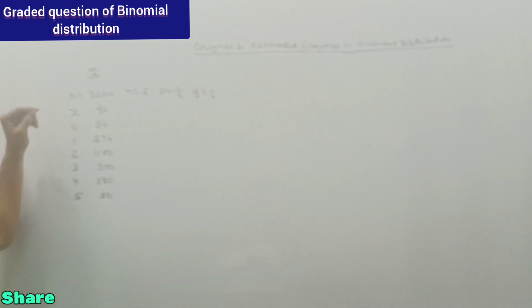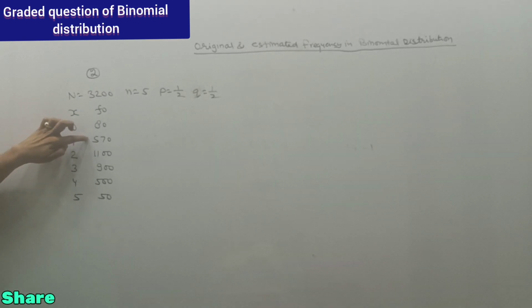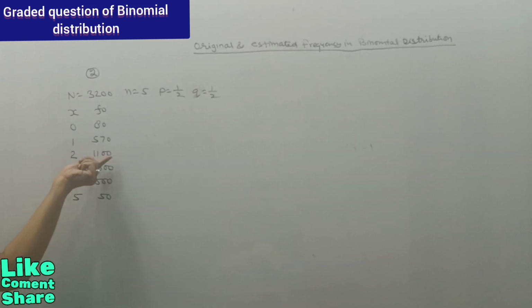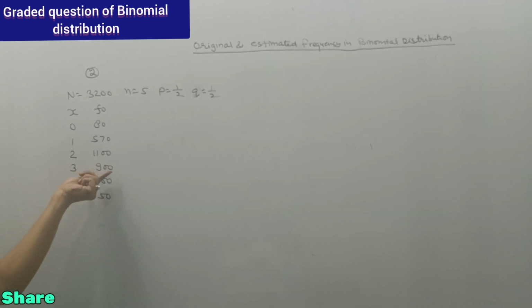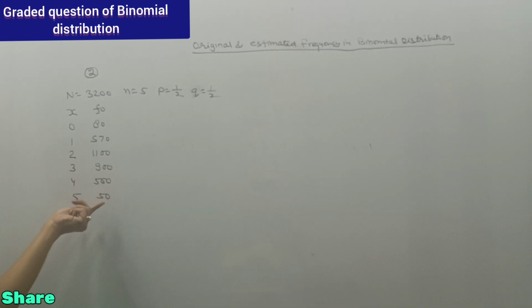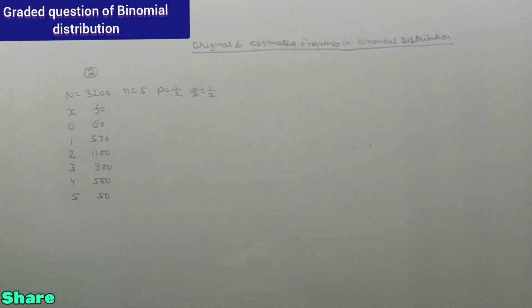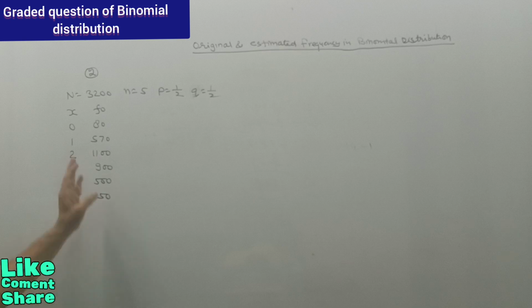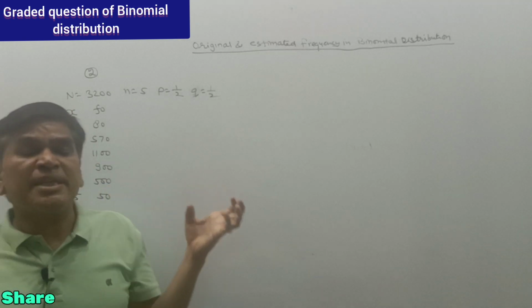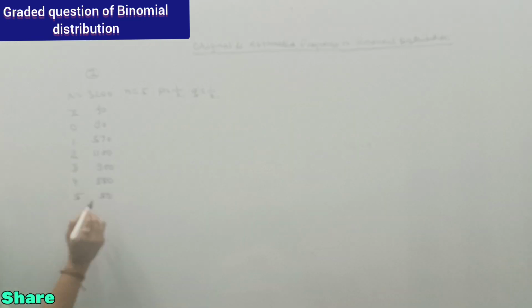For the original frequency, 0 head they get 80 times, 1 head 570 times, 2 head 1100 times, 3 head 900 times, 4 head 500 times, and all 5 heads 50 times. So this is the original data. This experiment was repeated 3200 times.